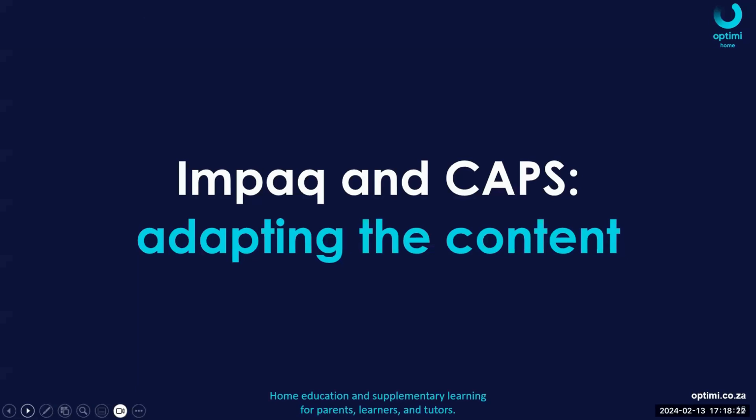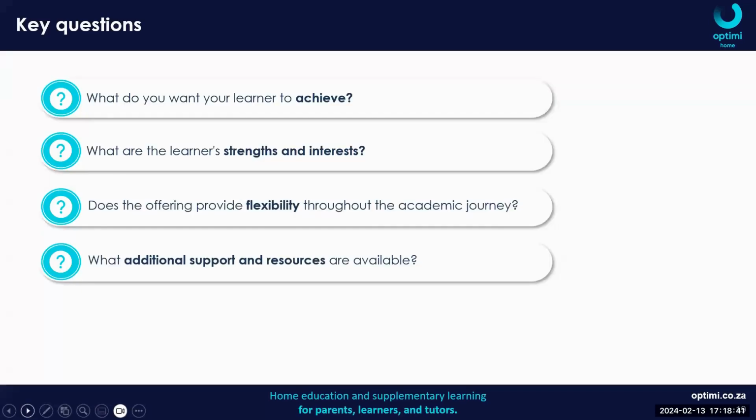This is in line with what the Policy on Home Education does provide for, that parents need to do at least a curriculum that is on par with what would happen in a public school, and therefore our curriculum is in line with CAPS. But again, learners are unique, and learners with unique learning abilities might not be able to follow the CAPS curriculum that is extremely packed to a T.